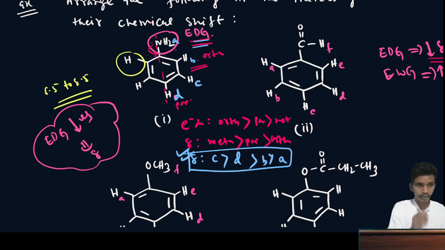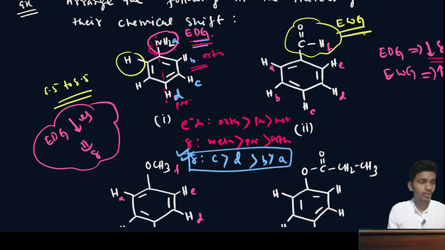Okay. Similarly, in this example, these are electron withdrawing groups, and electron withdrawing groups increase the chemical shift. It means that this F will be the highest. Here also a plane of symmetry is there, so this will be A, this will also be A, this will be B, and this is C. Okay, so it will take electrons from ortho and para.